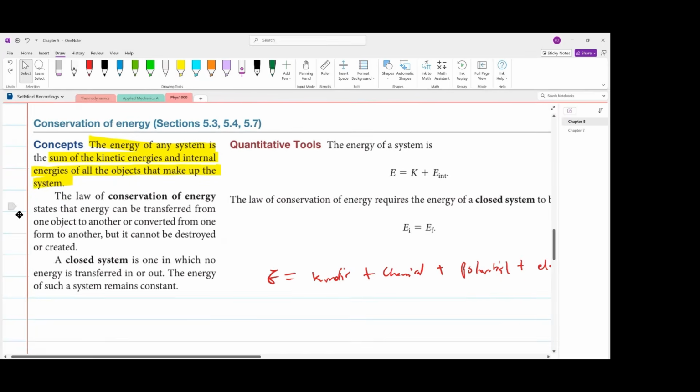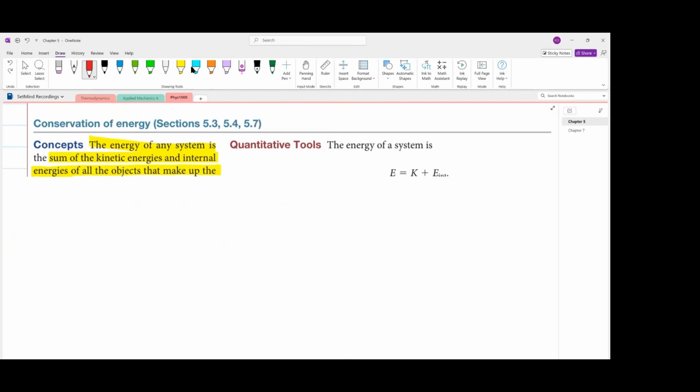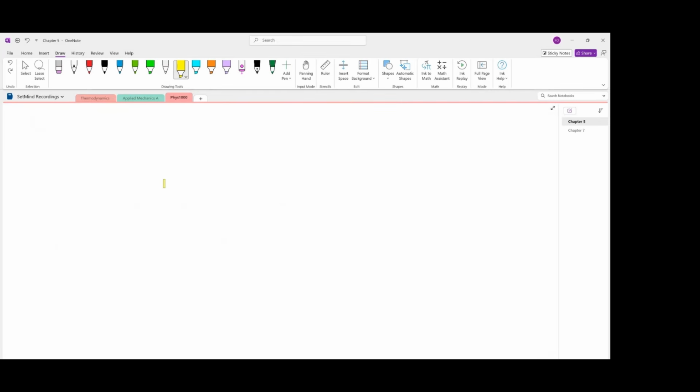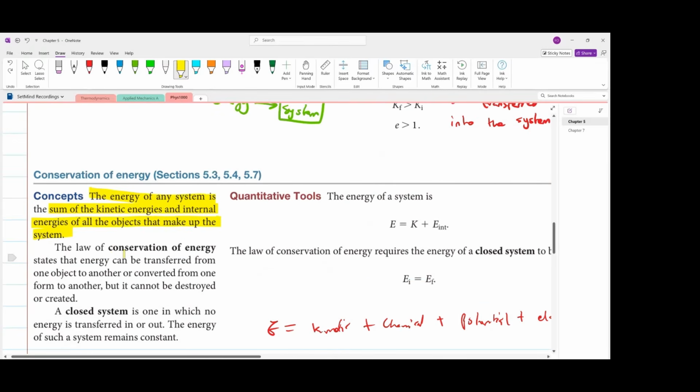We know from the law of conservation of energy that energy can be transferred from one object to another or converted from one form to another, but it cannot be destroyed or created. What I want to emphasize here is one form to another.